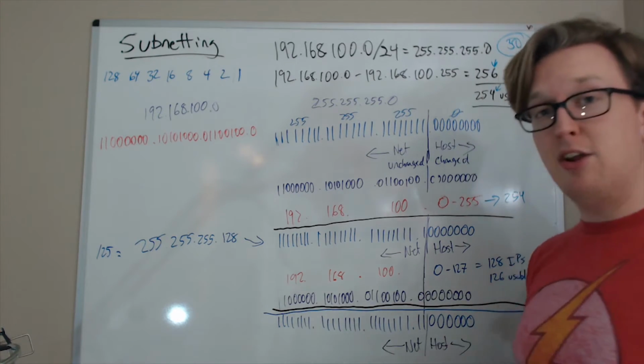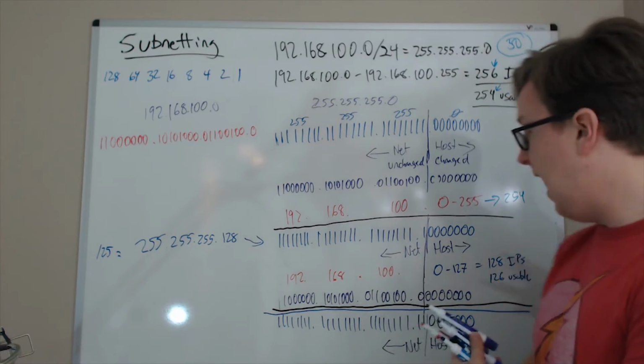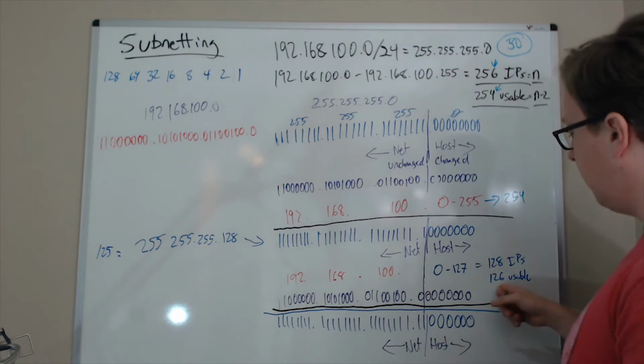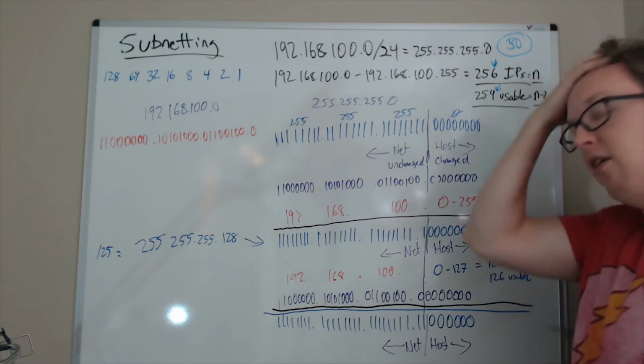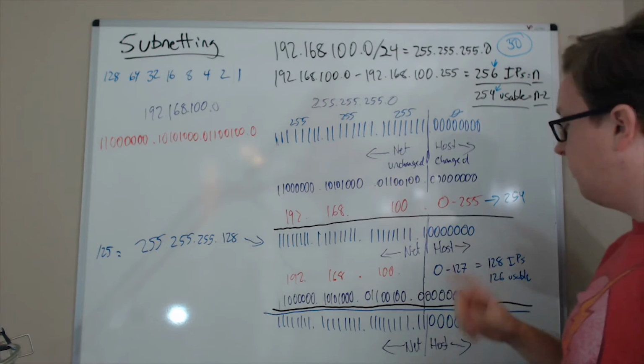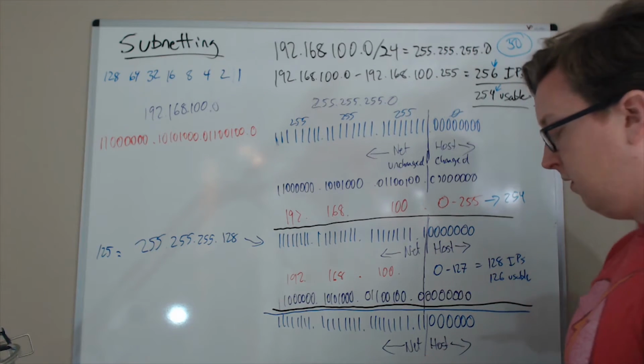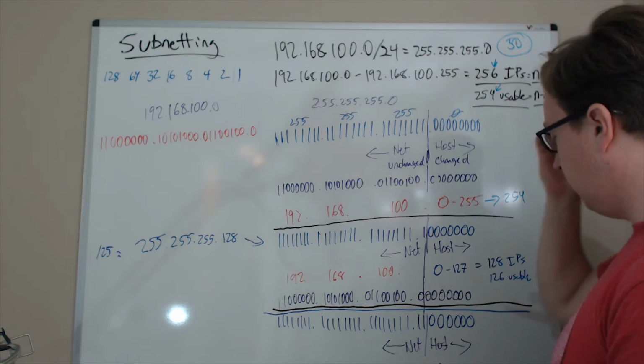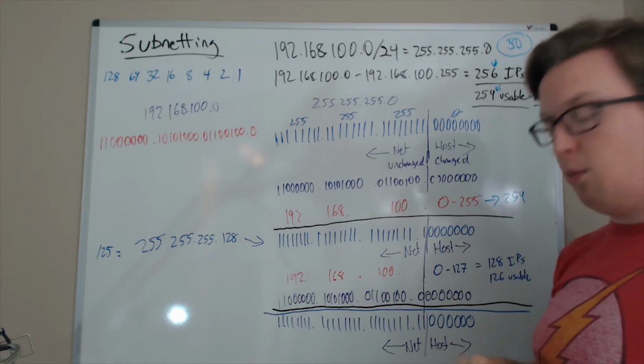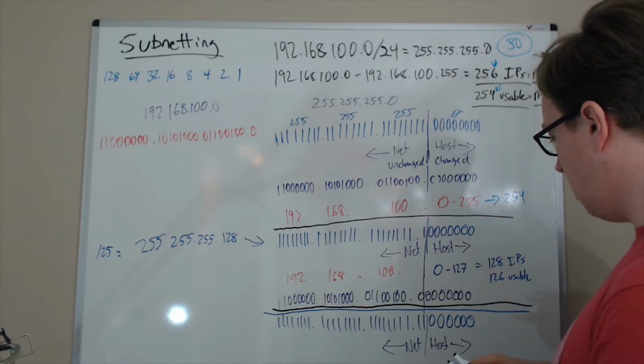Now, again, what does that do? It cuts the entire network in half. So instead of having 128 addresses, we are going to have 64 addresses, and only 62 of them will be usable.